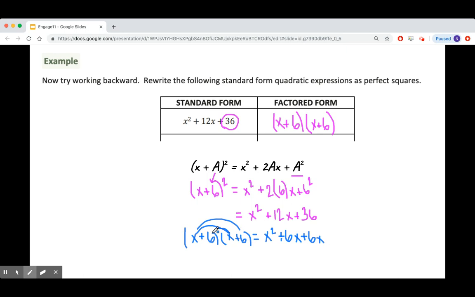And of course, 6 times 6 is 36. Notice that we'll end up combining these like terms, 6x plus 6x, and end up with 12x, which is the same exact process as above when instead we multiplied 2 times 6x.